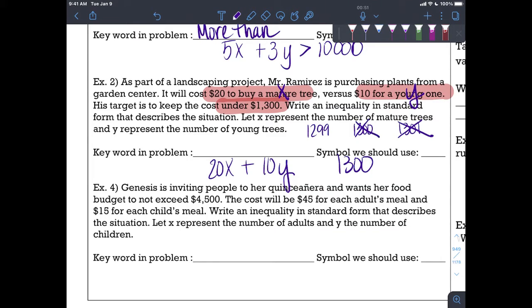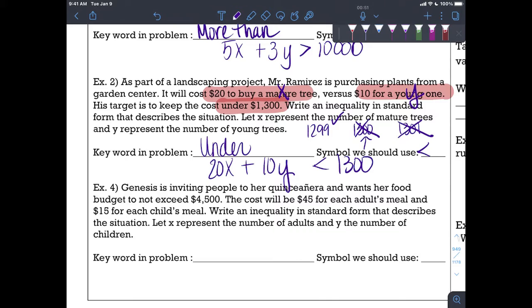No. Is 1299 under 1300? Yes. The process that I just went through is something that you would do with domain and range when it comes to these. For this particular one, because this guy is not included, I do not have my extra symbol, my extra line. My keyword is under, and we're going to use this symbol that tells us less than.